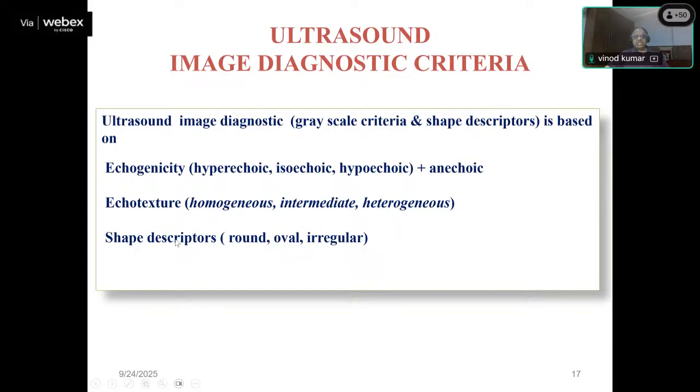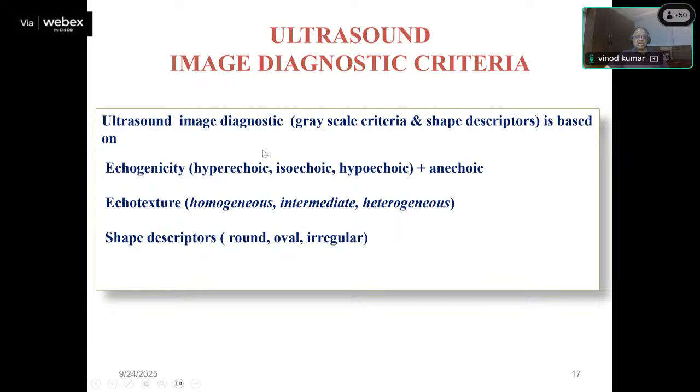Then another one is the shape descriptor: whether the tumor is round, oval, or the boundary of the tumor is irregular. So basically the doctors study the shape of the tumor, the texture, and the echogenicity.